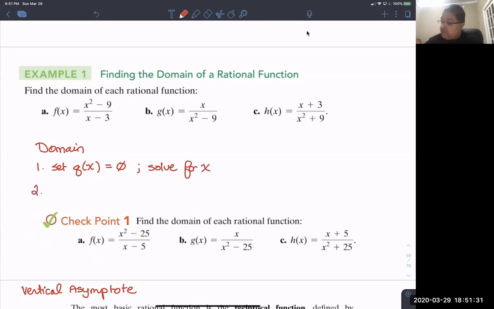And then once you solve for x, the domain will be all real numbers except the values that you get for x. And you can either write that using set notation or interval notation. Now, what x can't be is known as a discontinuity.